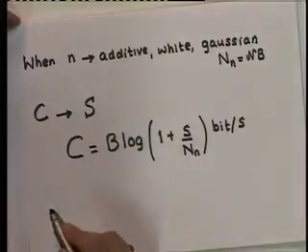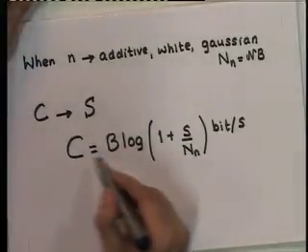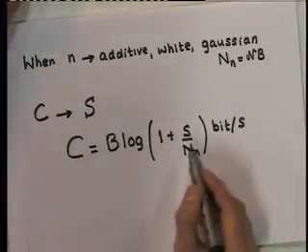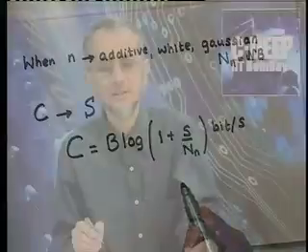B is the channel bandwidth in hertz, and this maximum rate is realized only if the input signal is a white Gaussian signal.